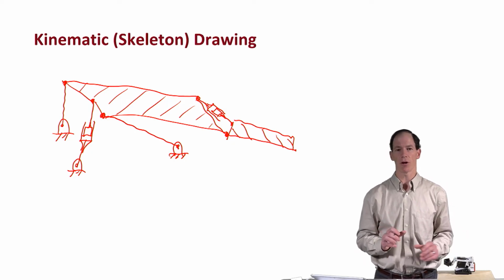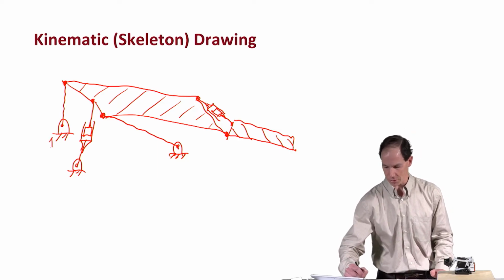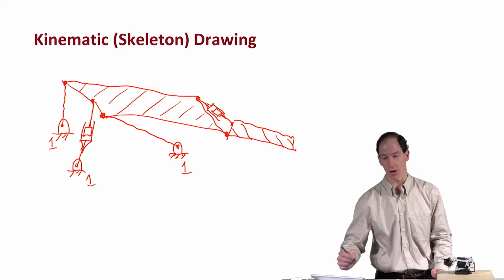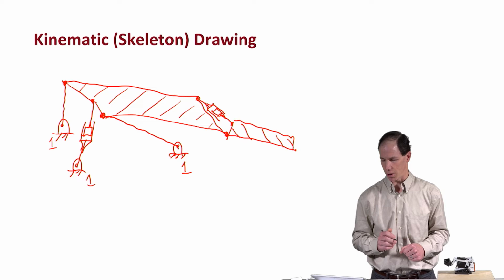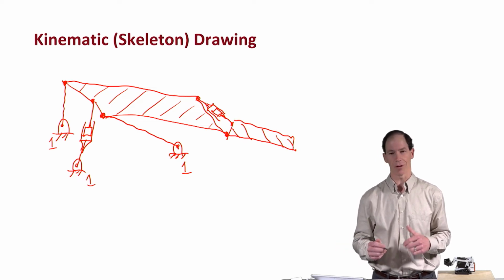First is that I am going to number all of my links, and then I will letter all of my joints. So that'll be our labeling system. We always start off with ground as link 1, so I will put 1 next to all of my ground pivots. And alternatively, I could connect them if I wanted to, but I'll just label them all as 1. And then I can really arbitrarily go around the rest of the linkage and label it as I wish.